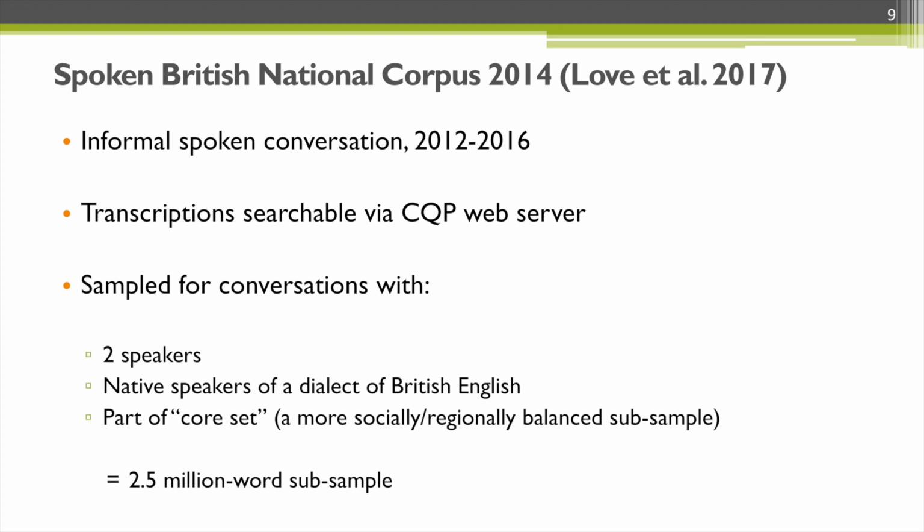I sampled for conversations between 2 speakers who spoke a native dialect of British English that were part of the core set of the corpus as a whole. The authors describe this as a more socially and regionally balanced subsample, whereas there are some additional ones, but they're not as balanced. This creates a 2.5 million word subsample.